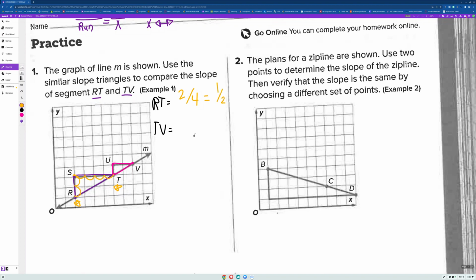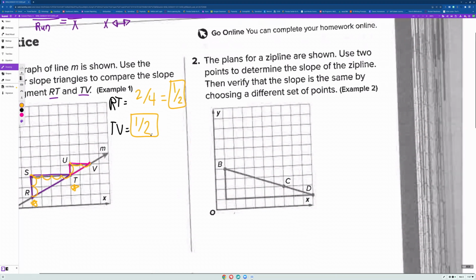And then looking at my T to V, my rise over run would just be 1 for my rise, and my run is 1 and then 2. So because RT is 1/2 and TV is also 1/2, these would be considered proportional. So 1/2 is the slope of our line.